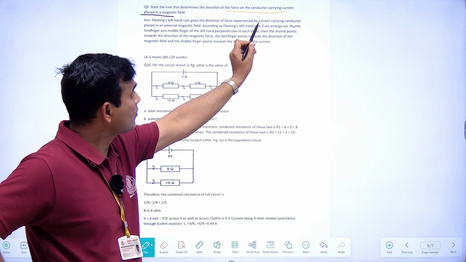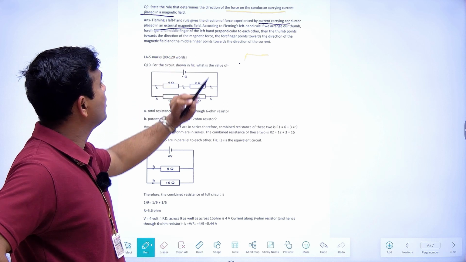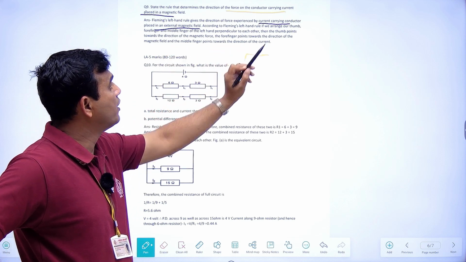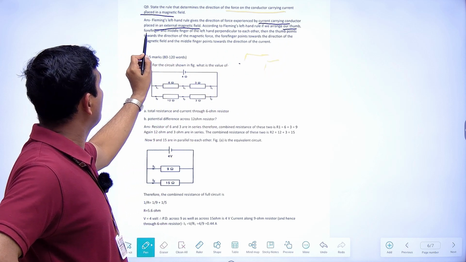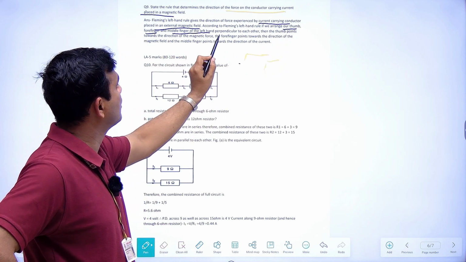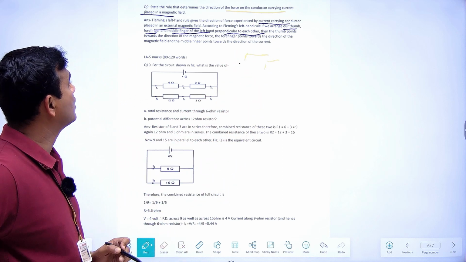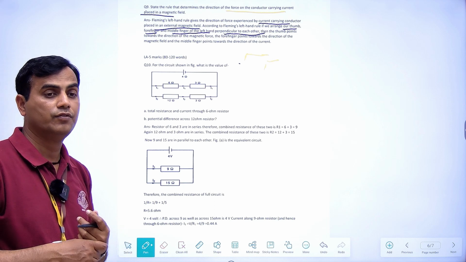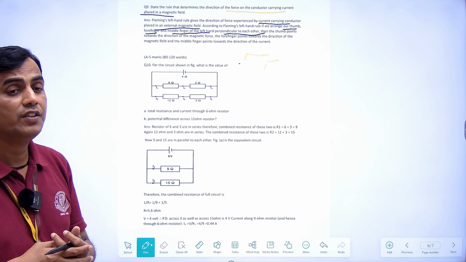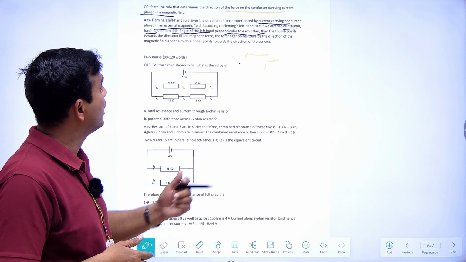When a current carrying conductor is placed in an external magnetic field, Fleming's left hand rule says that if our thumb, forefinger and middle finger of the left hand are perpendicular to each other, then the thumb points towards the direction of the magnetic force.